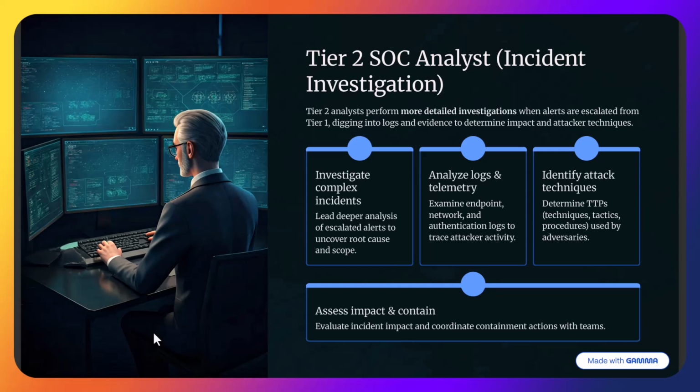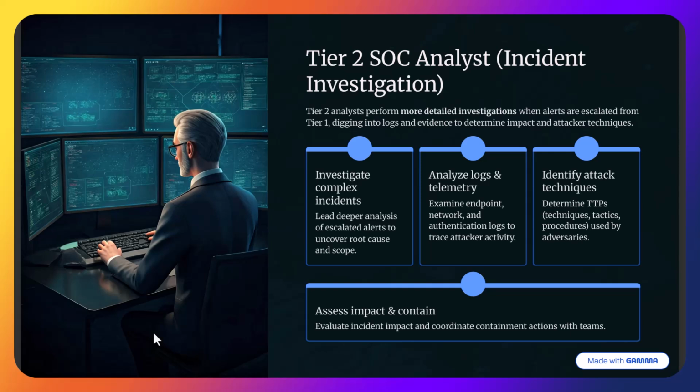Analyzing logs and telemetry. They examine endpoint logs, network logs, authentication logs to trace attacker activity. Assessing impact and containment. They determine how serious the attack is and coordinate containment actions.